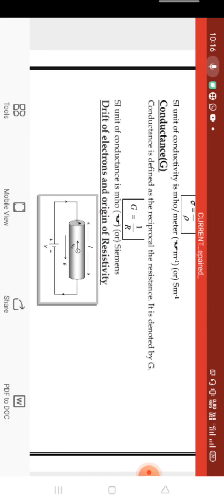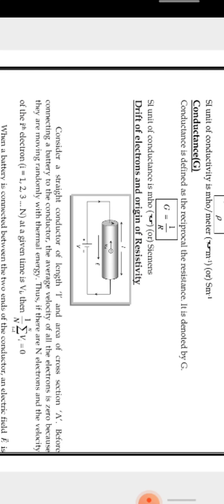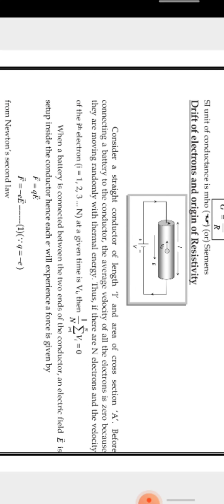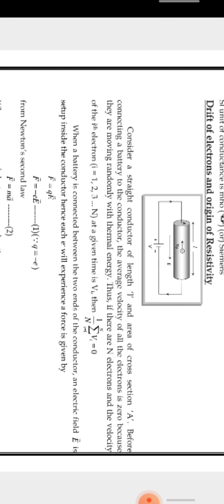In this conductor, the length is L and the area of cross section is A. This conductor is connected to a potential difference or battery supply V. In that case, the electric field is set up in the left to right direction. Whenever potential difference is applied across the ends of the conductor, the electrons drift.